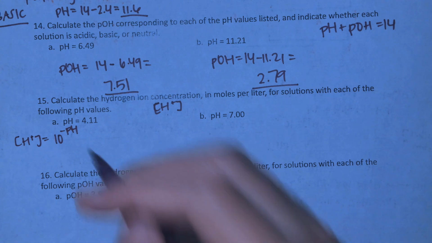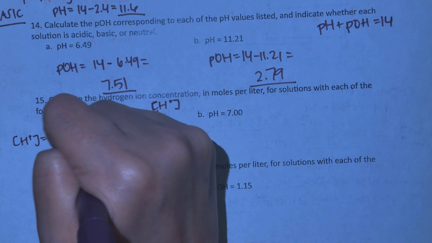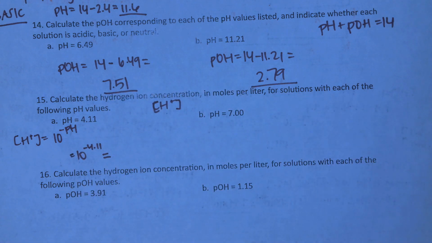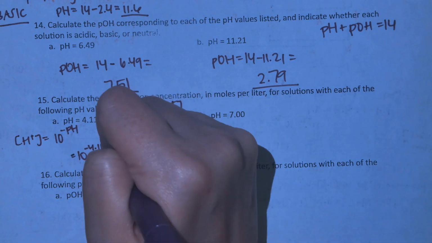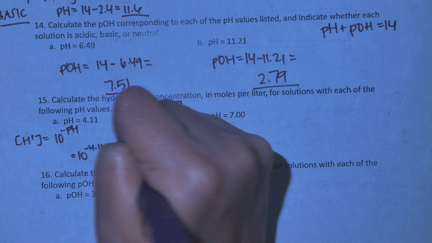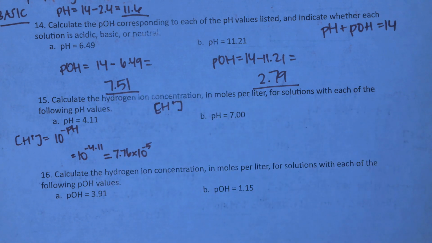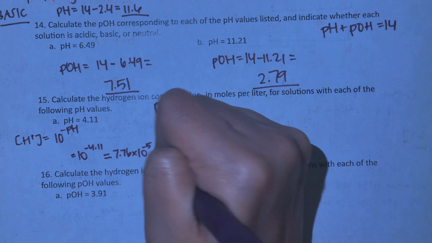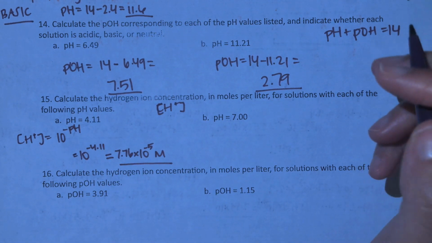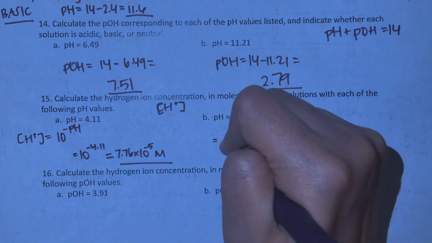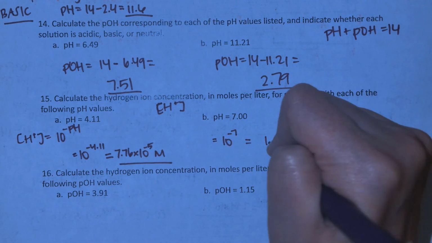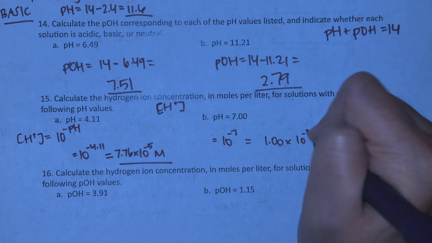Luckily, you have your pHs already, so easy. 10 to the negative 4.11. So go ahead and find that. Get 7.76 times 10 to the negative 5 molarity. And then 10 to the negative 7 is literally just 1 times 10 to the negative 7.